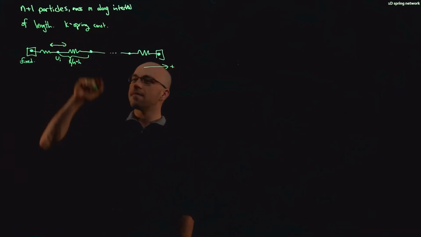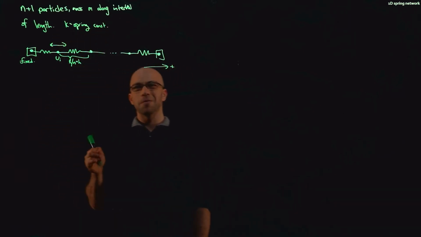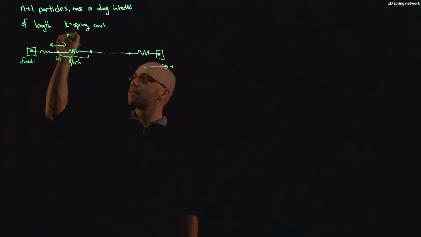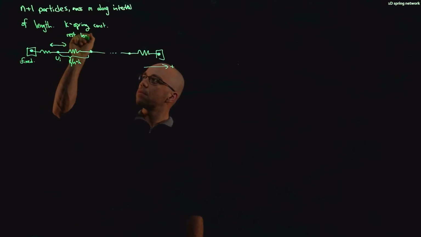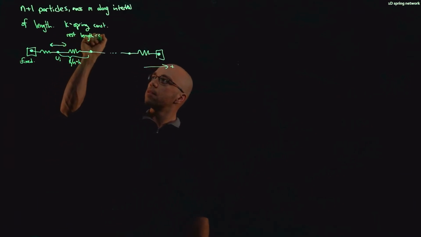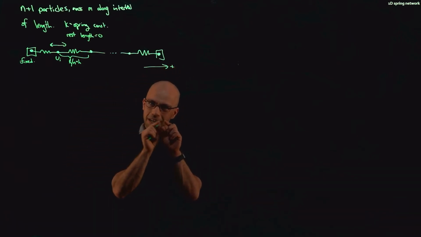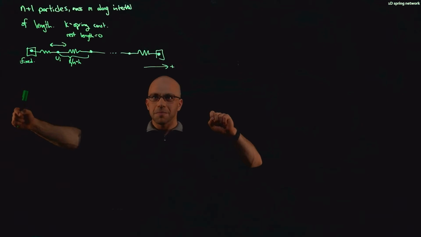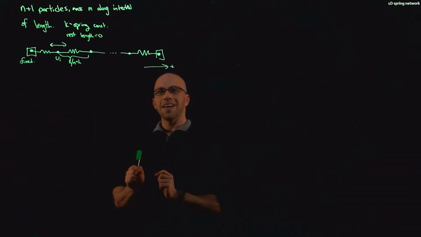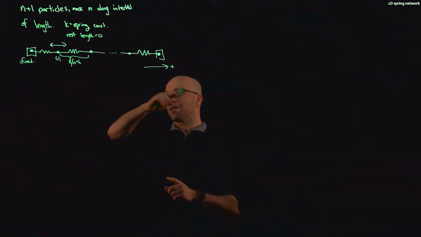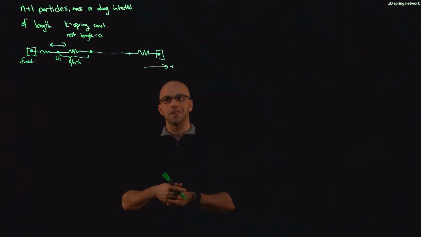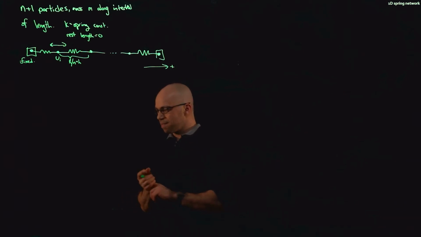And our rest length for our spring, so in other words, the length that it wants to be, is going to be 0. So in other words, I kind of took a bunch of particles that were tied together by really tiny springs, and I stretched them out to an interval of length L, and there's n plus 1 particles total. So hopefully this basic physics setup makes sense.